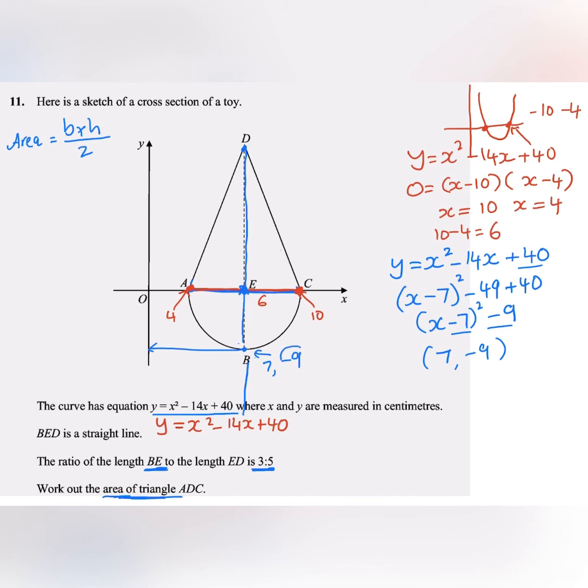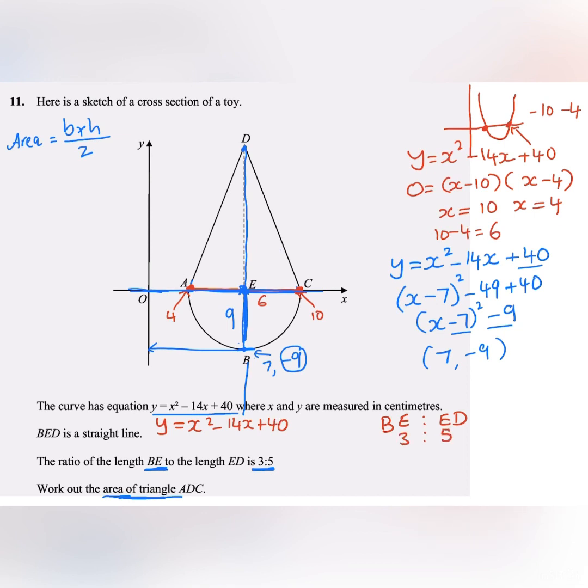But we're interested more in the y coordinate here, because this will give us a length from E to B. So the length of E to B would be 9, because remember the x-axis over here is where y equals 0, and 0 to minus 9, the length is 9. Okay, so now using this ratio here, B to E and E to D is 3 to 5.